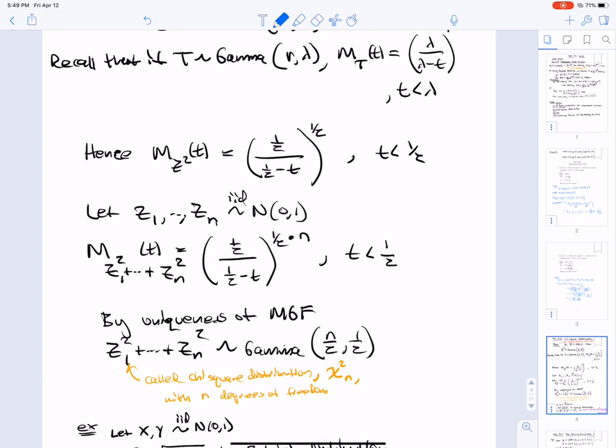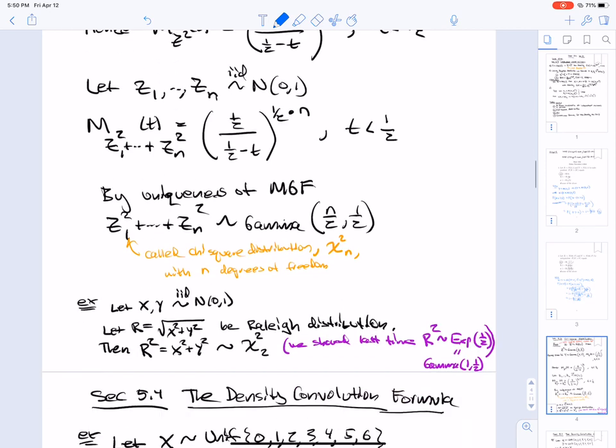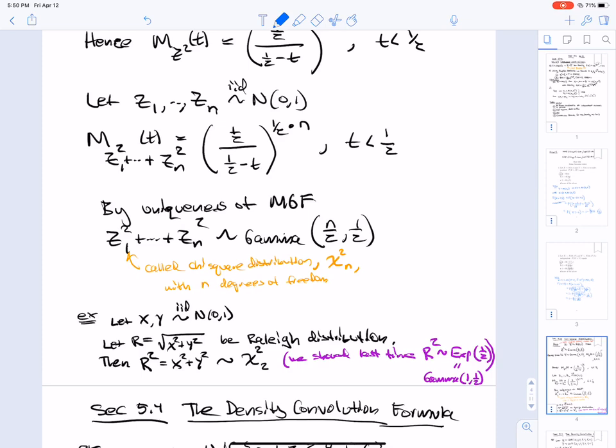And so for Z1 to Zn IID standard normals, the moment generating function of the sum of squares will be the product of those n moment generating functions. So the exponent now for the moment generating function is n over 2. And by the uniqueness of moment generating functions, we conclude that the sum of squares is a gamma n over 2, 1/2.